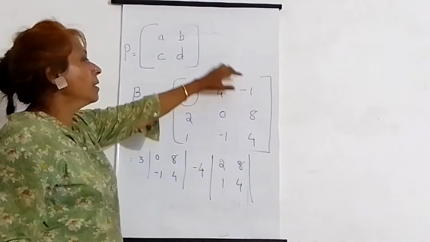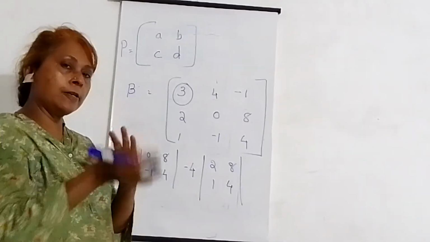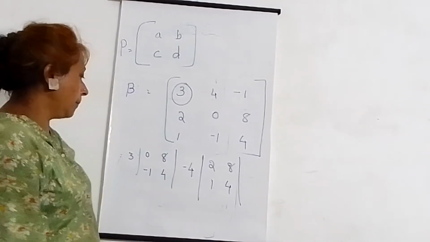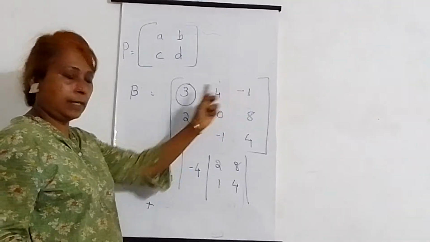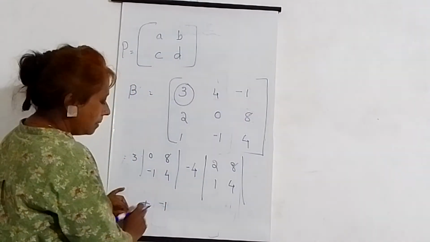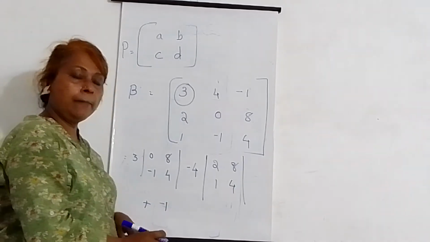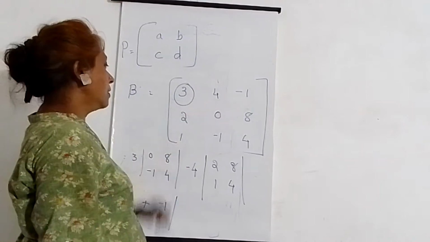We know that the third one is positive, this is negative, the next one is positive. Alternating positive and negative is coming. So it is plus, but already it is negative, isn't it? So I am putting this -1 here; plus this positive plus this negative will make it negative. You know this. Now we are going to take the minor of this -1.